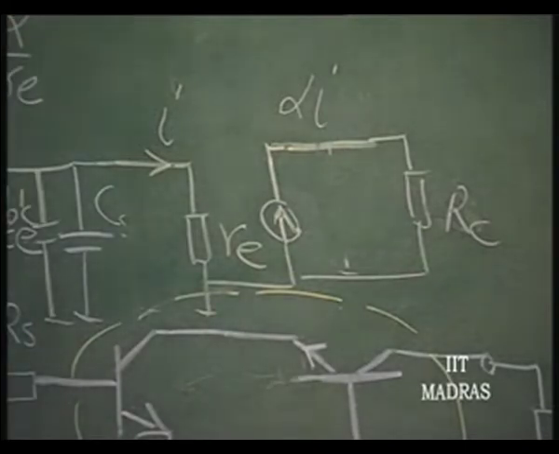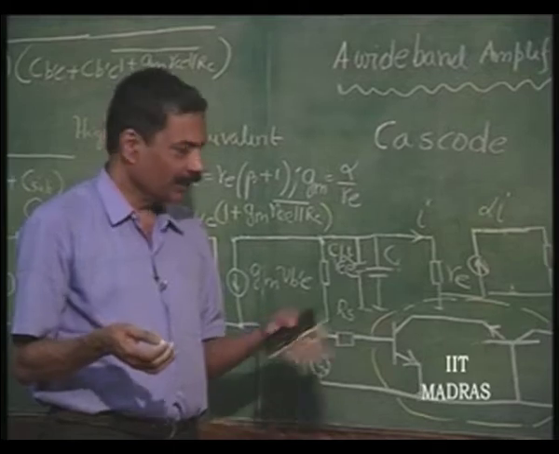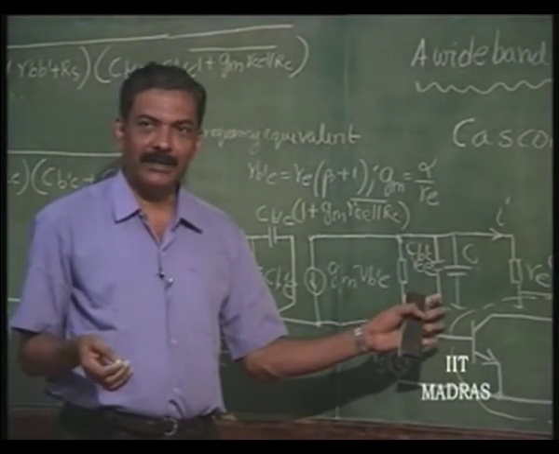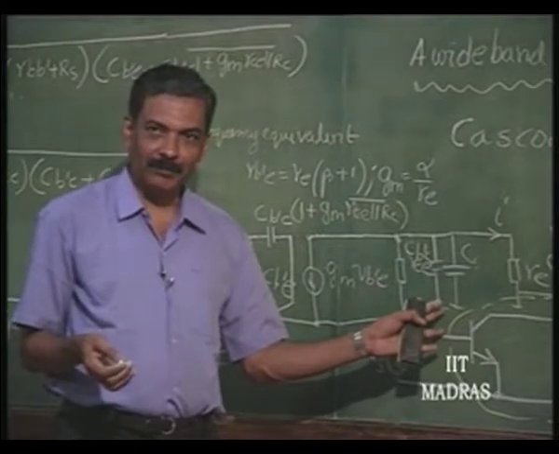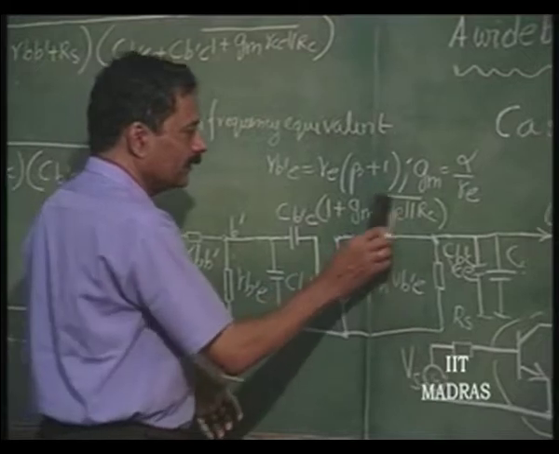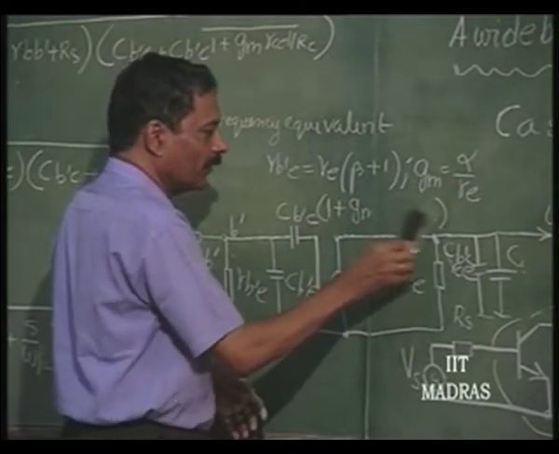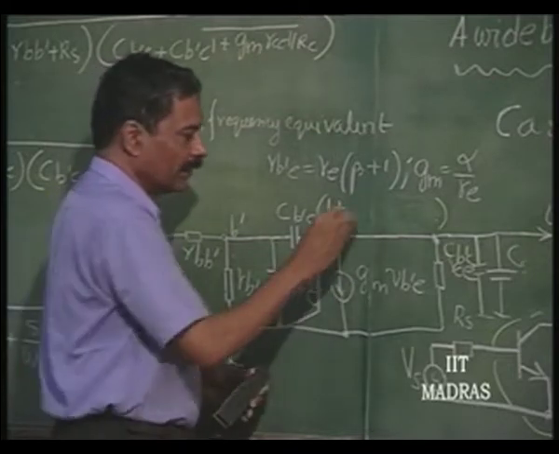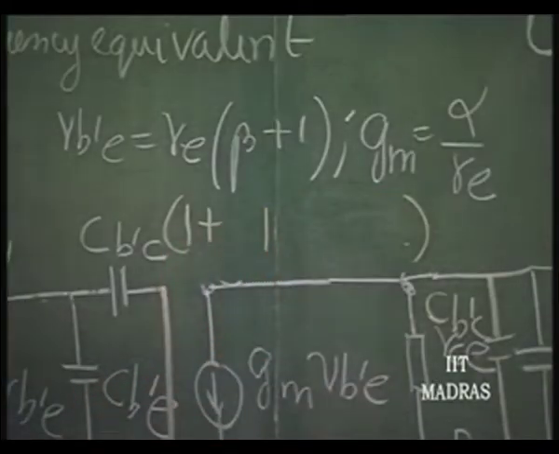So, what this does is this does not take part in deteriorating the high frequency performance of the structure, but as far as the common emitter is concerned, its high frequency performance is improved, because Miller effect is now just this is Gm, and if both are operating at the same current, this will be 1 over Gm, and this is going to be 1 plus 1.